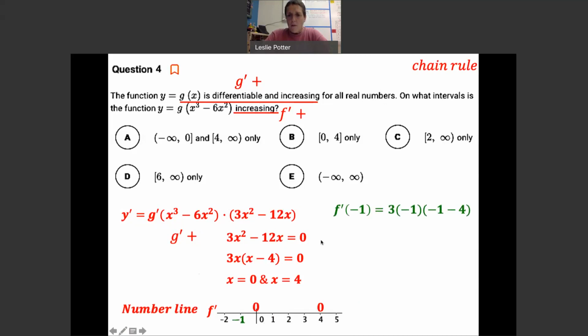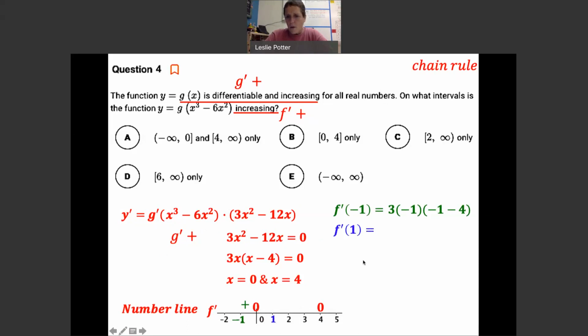So when I plug in -1, notice I'm just plugging it back into this factored form. So I've got negative times negative, that's a positive. Okay, so this is this portion of the derivative, but we have to remember we're multiplying it times a positive number out here.